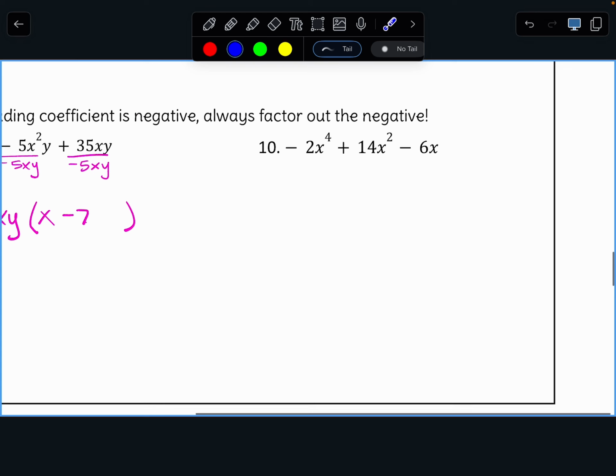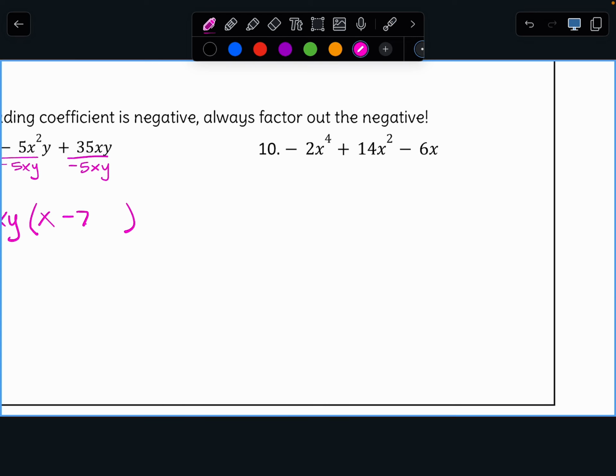Let's do it one more time. And you can practice and fix your Wheel of Theodorus. All right. What's the common factor for 2, 14, and 6? 2. So my GCF, and we're going to put negative 2 because I want to get rid of this. And then the least x is just 1x. So negative 2x.